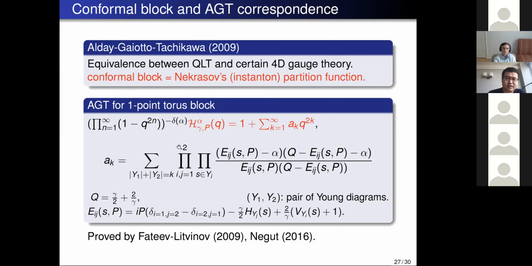And this is one example of this AGT correspondence applied to this one-point torus case. I will not elaborate on this formula, but I will just say that this is the power series corresponding to the Liouville conformal block, and on the other side you have some summation over these Young diagrams, and this summation is the so-called Nekrasov partition function.